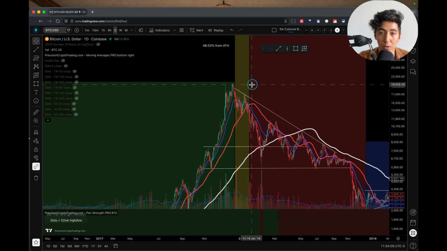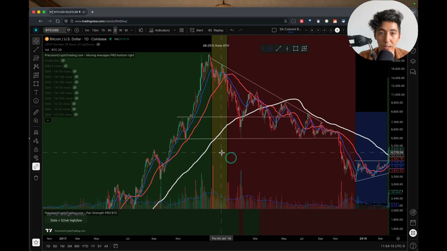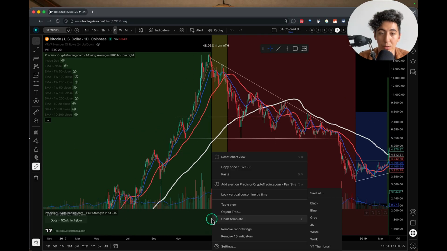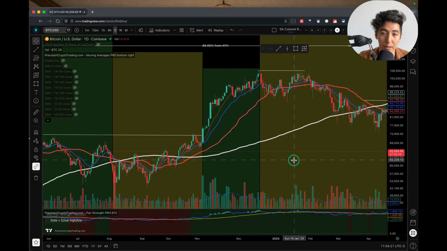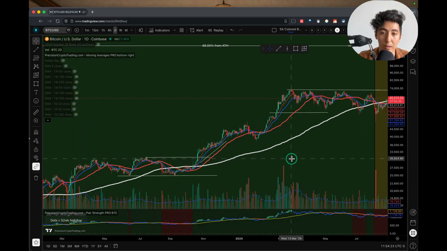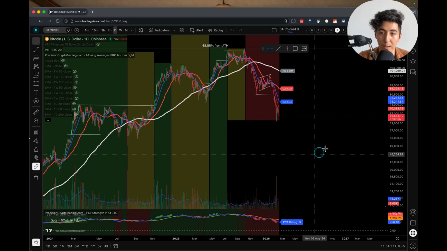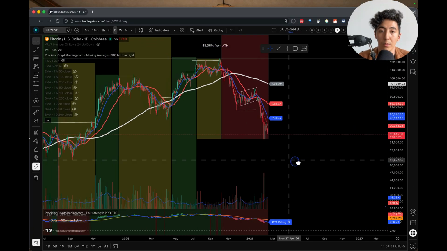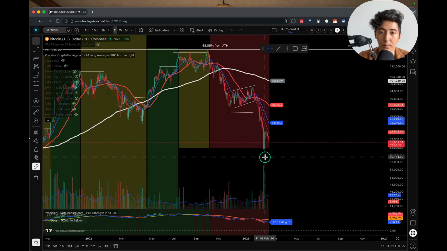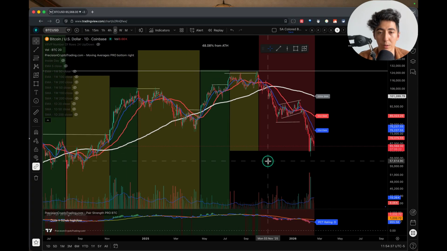Maybe you start the stage 4 distribution later. Maybe you see the topping indicators sooner than I do. That's kind of the art to stage analysis: it's open to interpretation, and things can change.